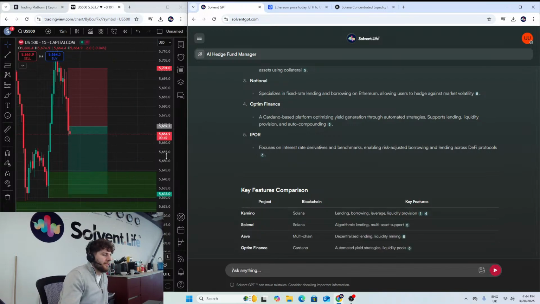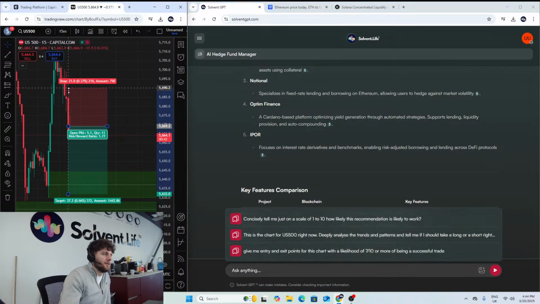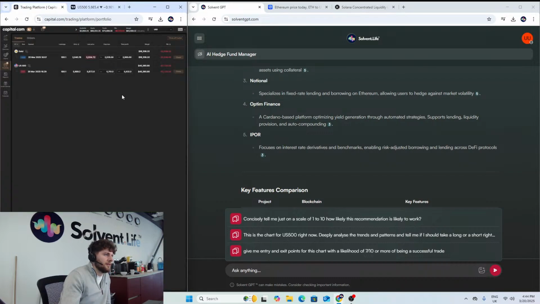I think it will. I think it will continue to go down. I really don't think we need that high of a stop loss in reality. 85 I think would be more than sufficient.